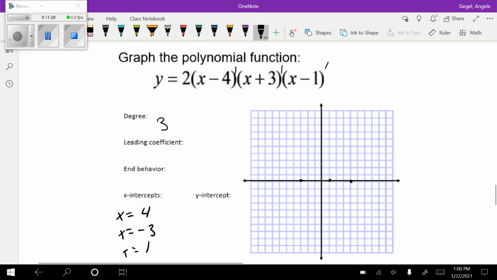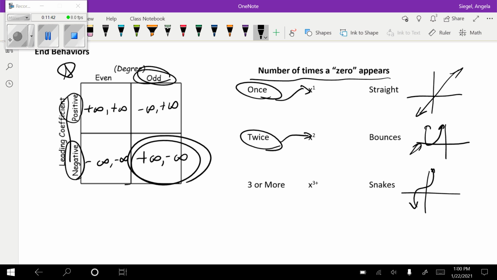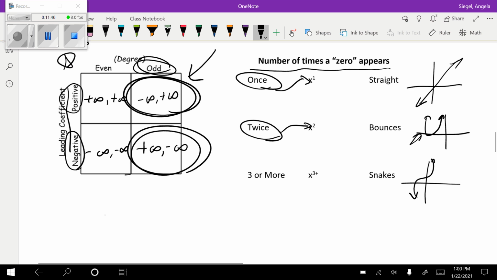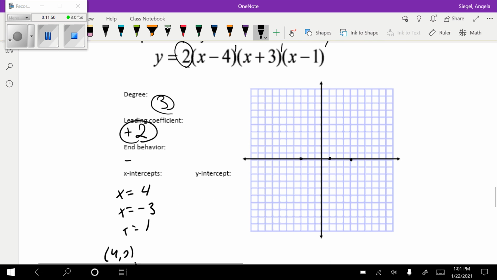Okay, the leading coefficient is right here. It's 2, and it's positive, right? So we have odd degree, positive leading coefficient. So odd degree, positive leading coefficient, we're going to go from down to up. So negative infinity to positive infinity.